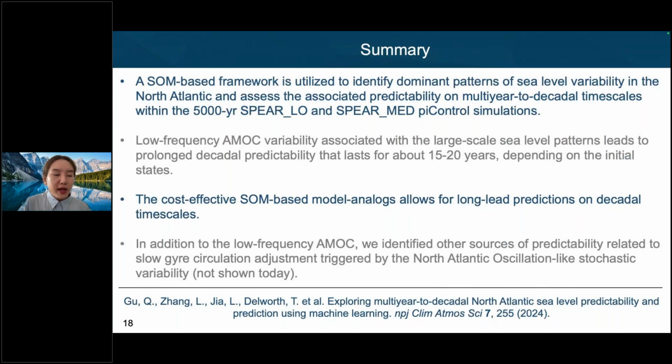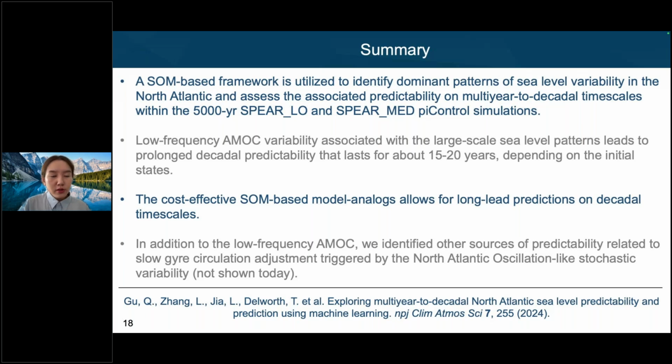We found that the low frequency AMOC variability associated with the large-scale sea level patterns leads to prolonged decadal predictability that lasts for about 15 to 20 years, and it also depends on the initial condition. And we found that the cost-effective SOM-based model analogs actually allow for long lead predictions on decadal timescales.